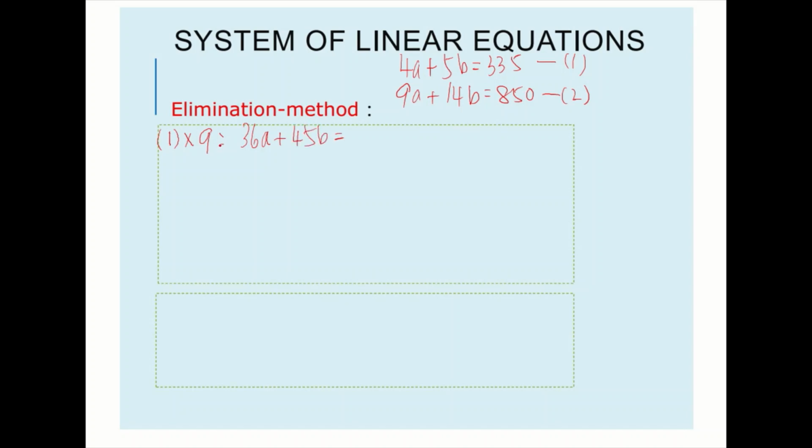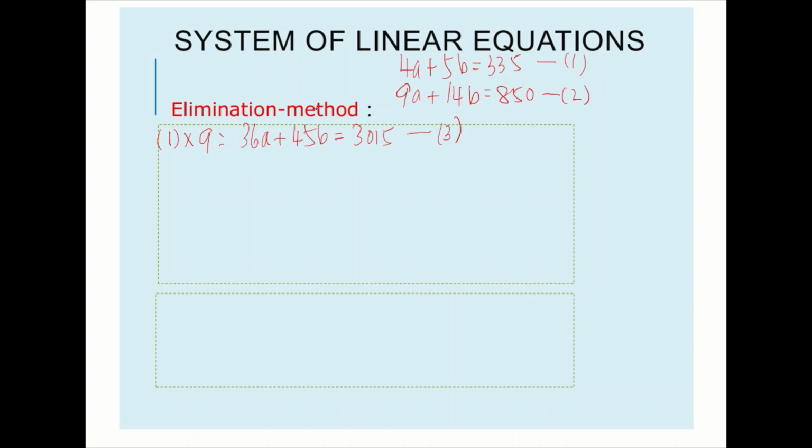And 335 multiplied by 9, we get 3015. This equation comes from equation 1, but we are going to label it as equation 3.